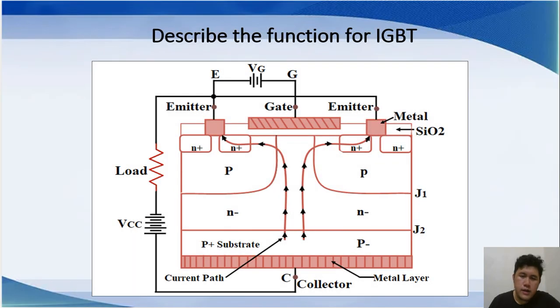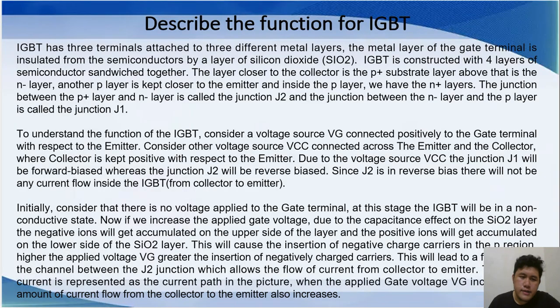Next is to describe the function of IGBT. I will describe the function based on this circuit. IGBT has three terminals attached to the three different metal layers. The metal layer of the gate terminal is insulated from the semiconductors by a layer of silicon dioxide (SiO2).